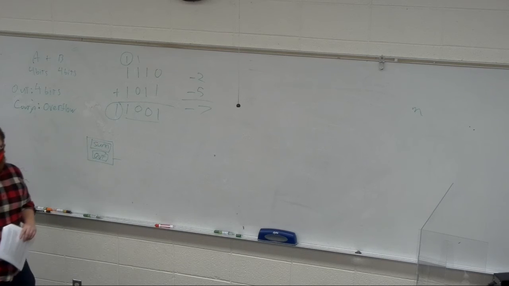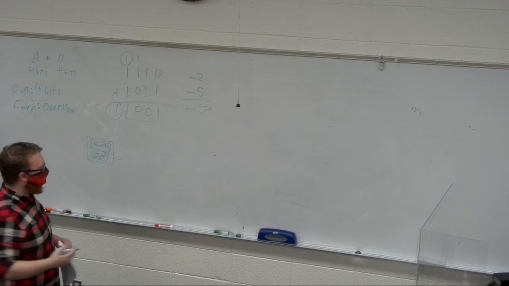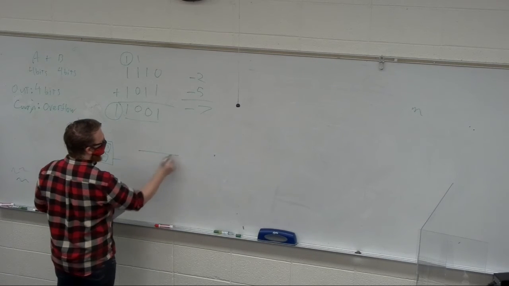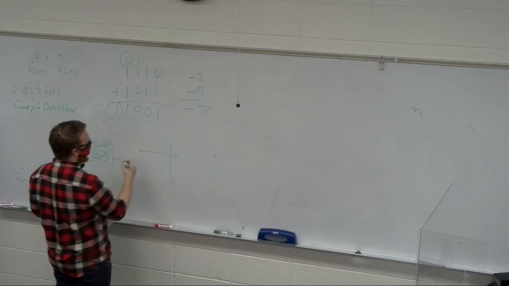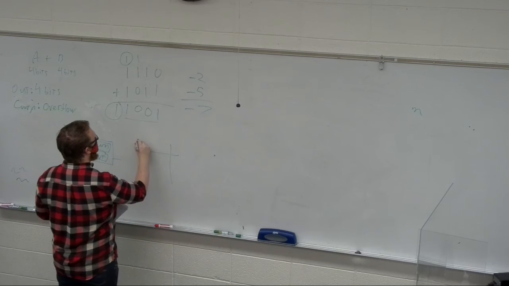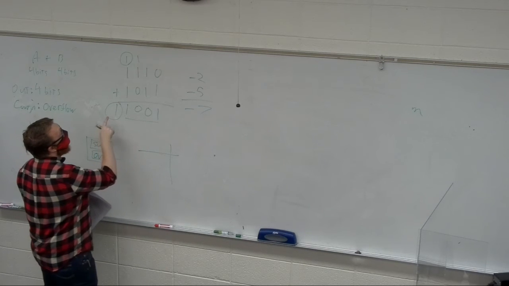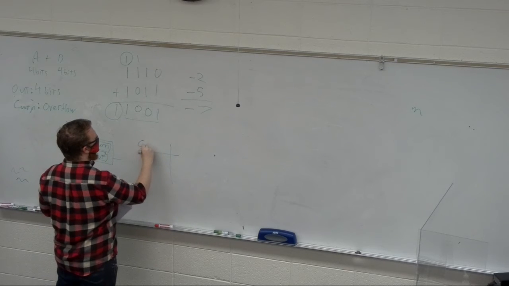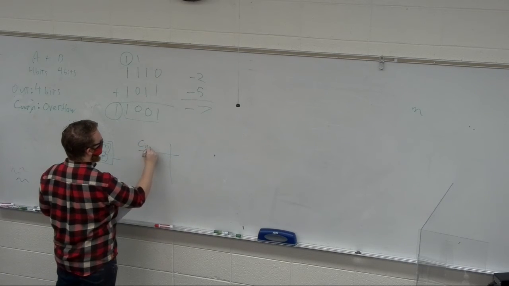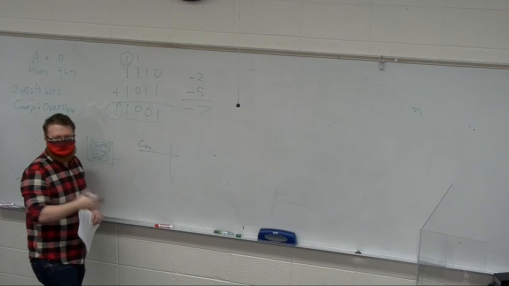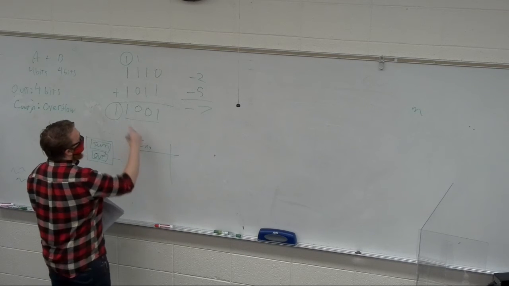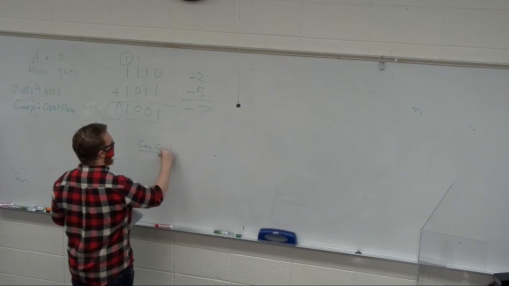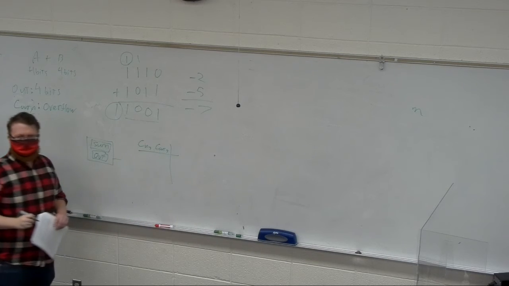That overflow is actually really simple logic. The only thing that I care about is Cin3, because we're 0 indexed, so it's 4 bits, so the third one, and Cout3.